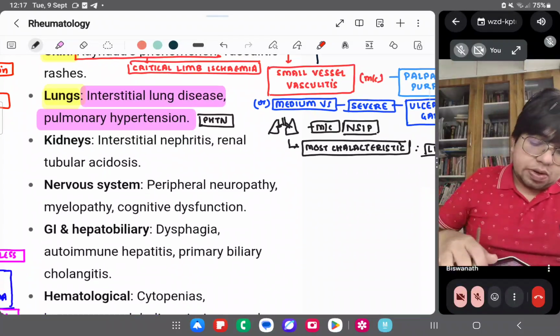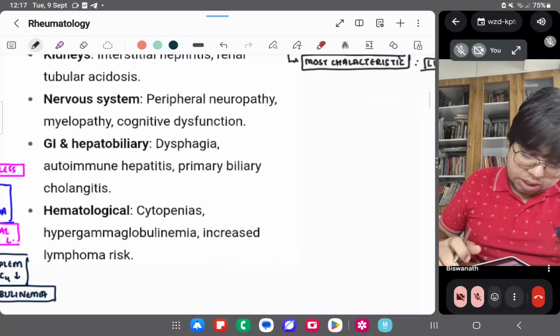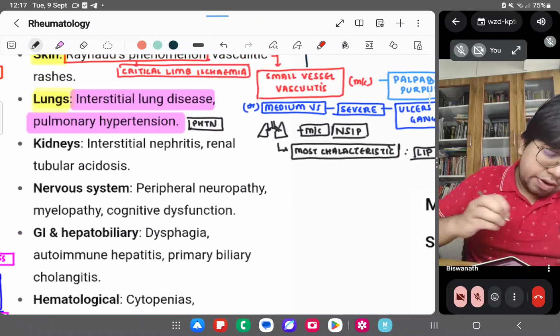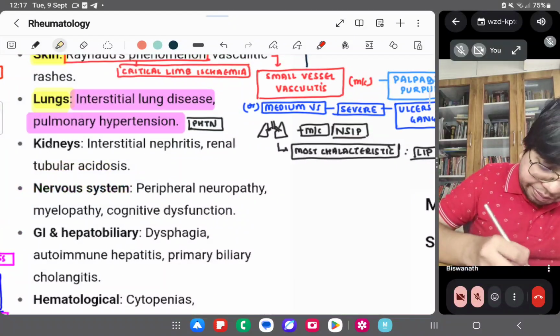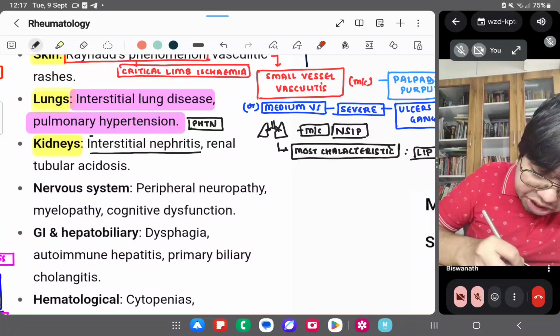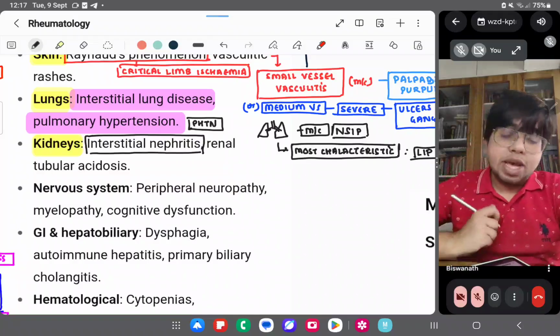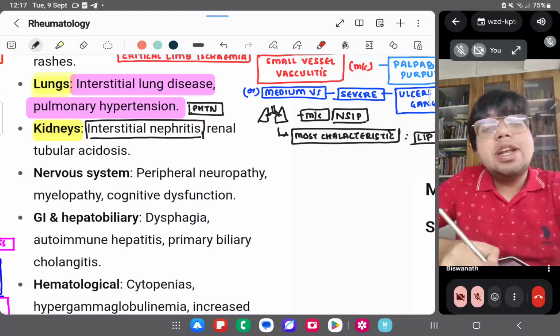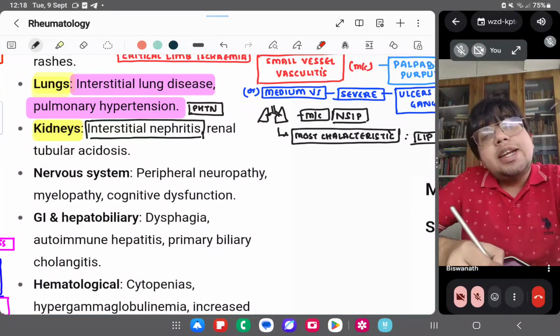Hepatobiliary is there, we'll discuss that later. Kidneys: it is associated with interstitial nephritis, tubulo-interstitial kidney diseases.